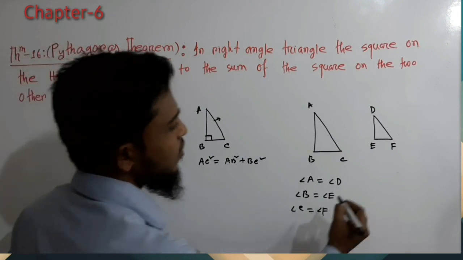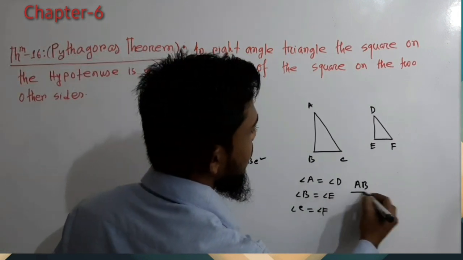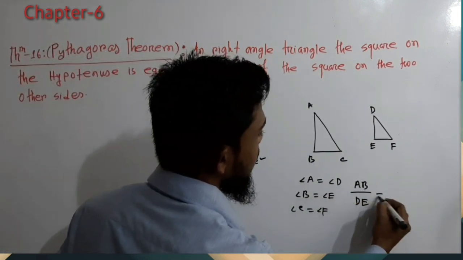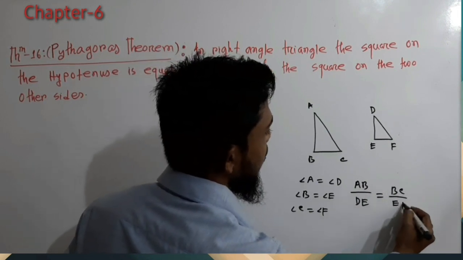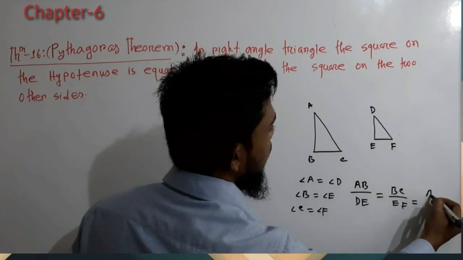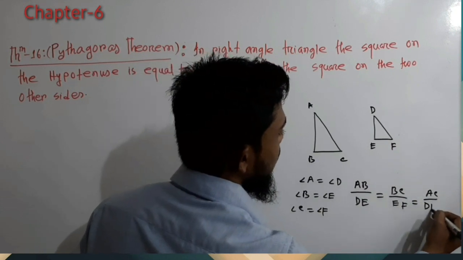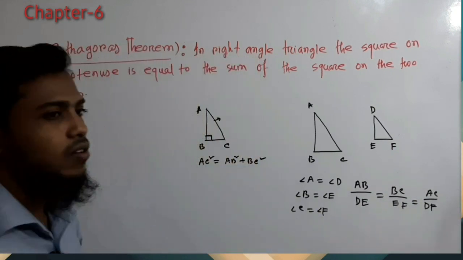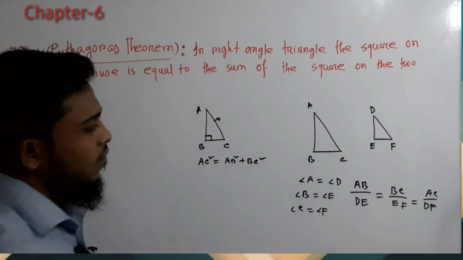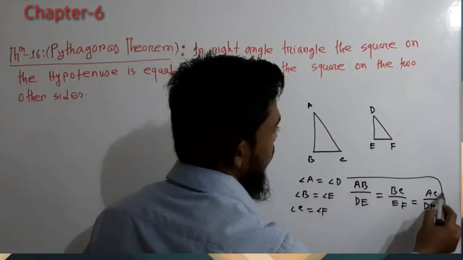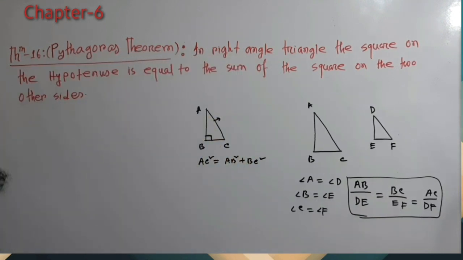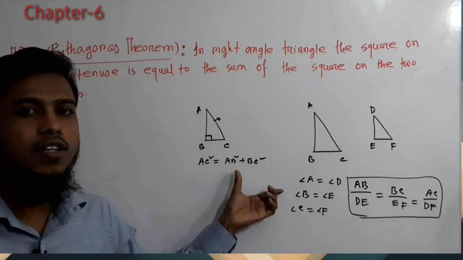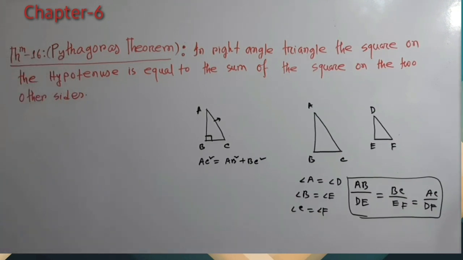So we can write AB divided by DE is equal to BC divided by EF is equal to AC divided by DF. Dear students, this is our condition of similarity of triangles.